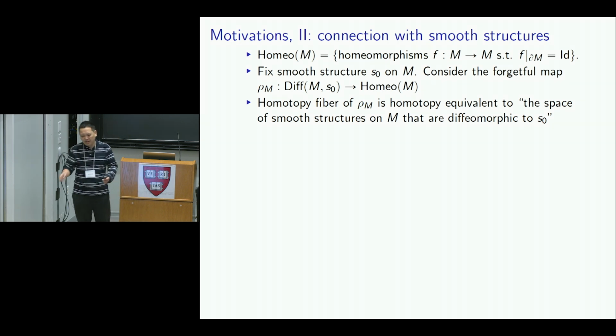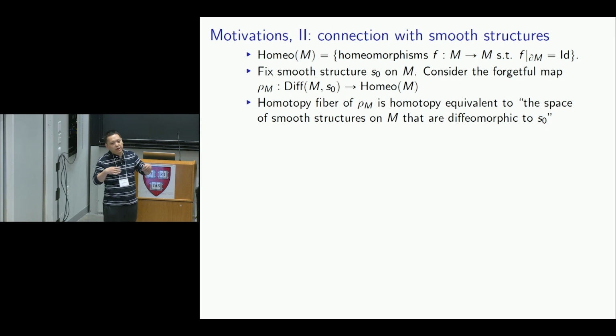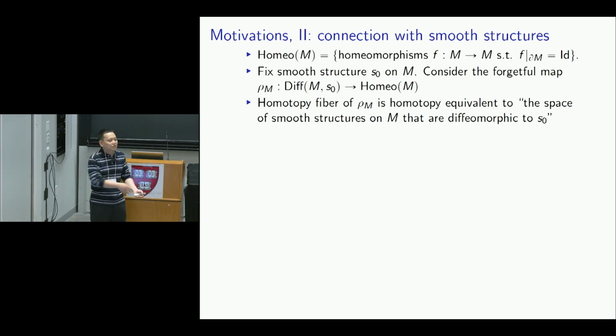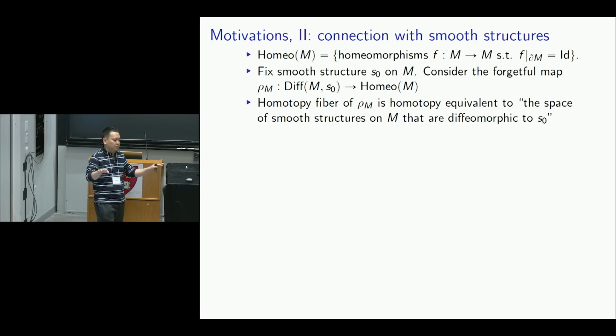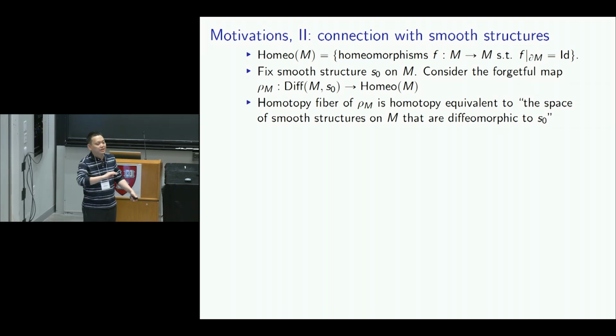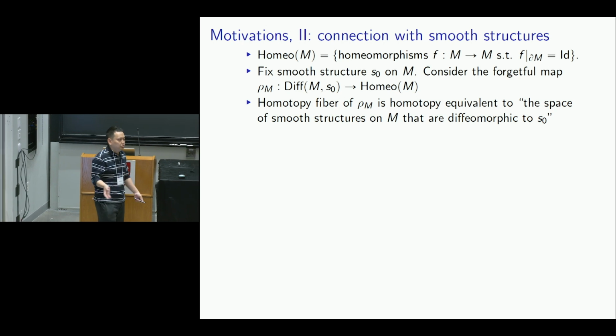This may sound a little weird if you haven't seen it, because when we talk about smooth structure, what do we really mean? One way to think about smooth structure is that we care about it up to diffeomorphisms, right? So if there is a diffeomorphism between two smooth structures, we just think of them as the same object.